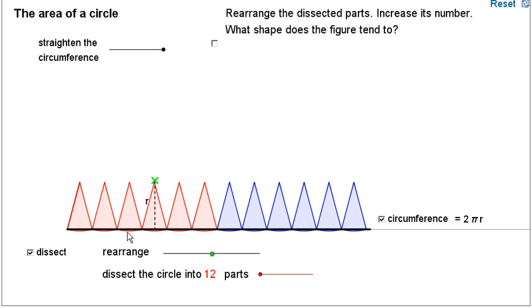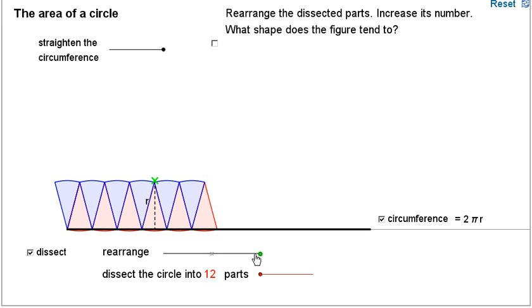Here we can see in the red, these red arcs make up half the circumference, thus pi r. The blue arcs make up the other half of the circumference, pi r. And now I'm putting them together to make a rough parallelogram.